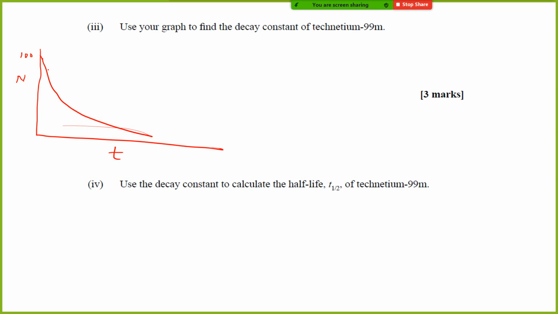Cool? So from the graph, once you identify half of the initial amount, you just go across to wherever this horizontal line touches the graph, then read the corresponding time value. That time value will tell you what the first half life is going to be.